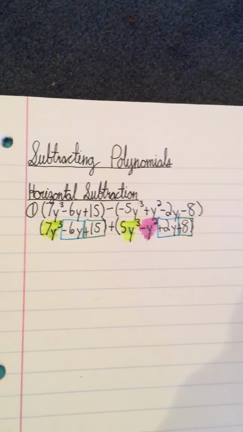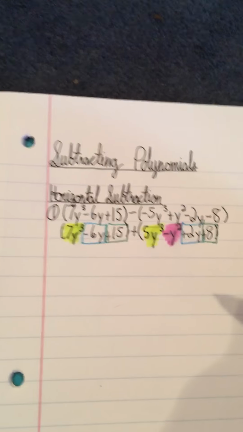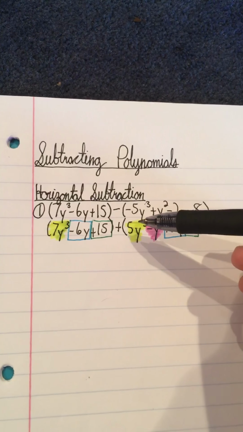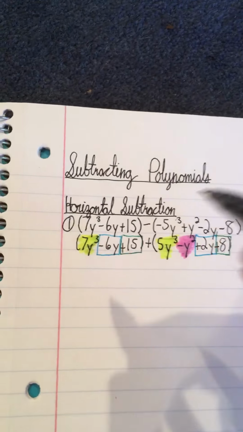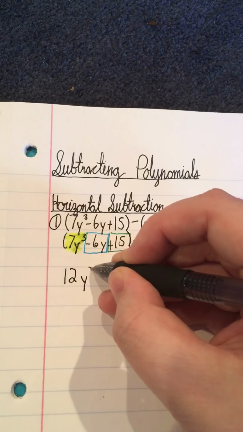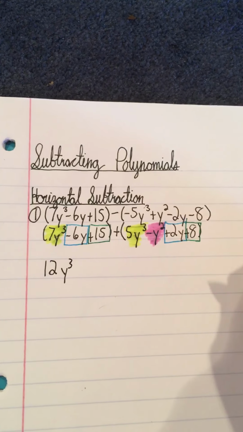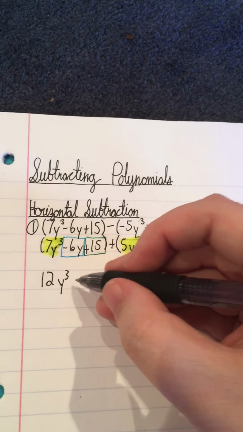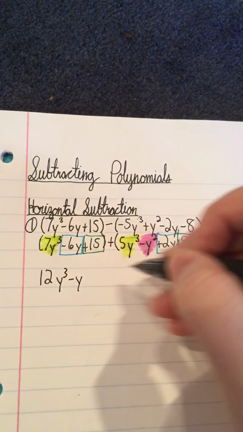So now we're just going to combine these. We're going to start with our yellow terms. So 7y cubed plus 5y cubed is 12y cubed. And then we have this lonely pink term here, and we're just going to bring that down since it's addition.